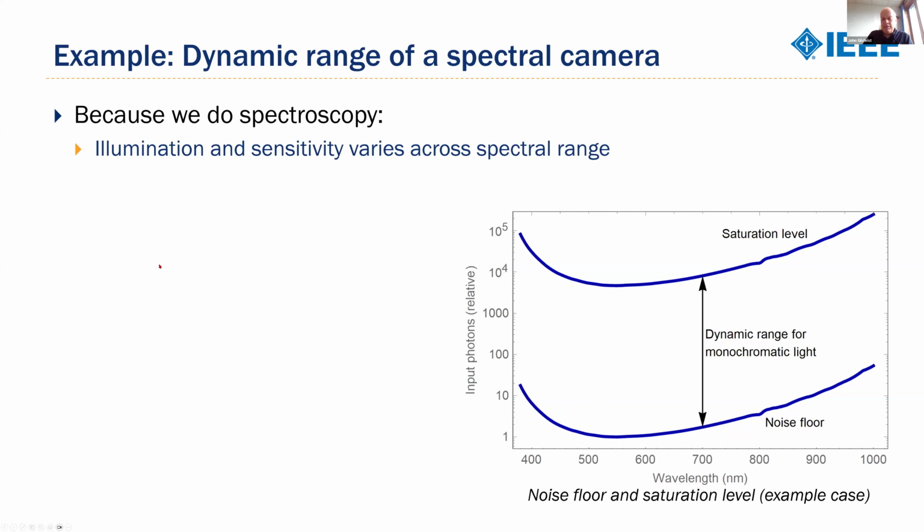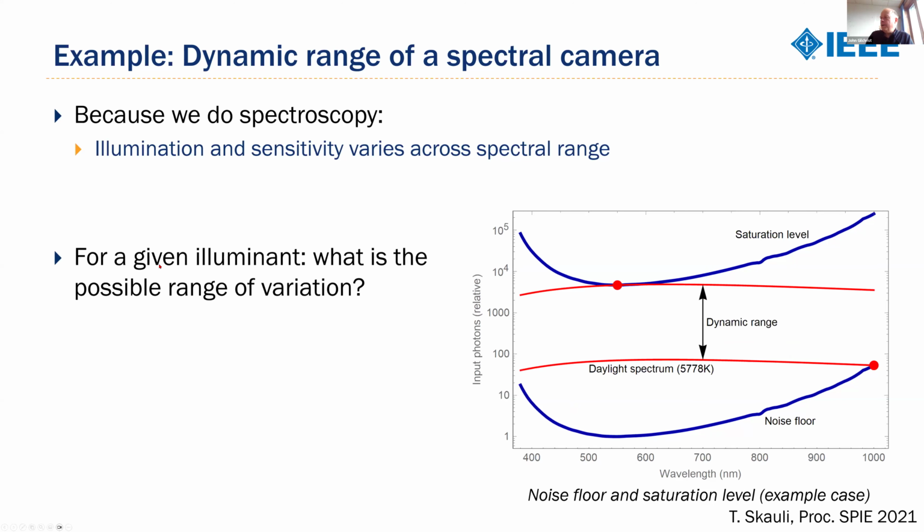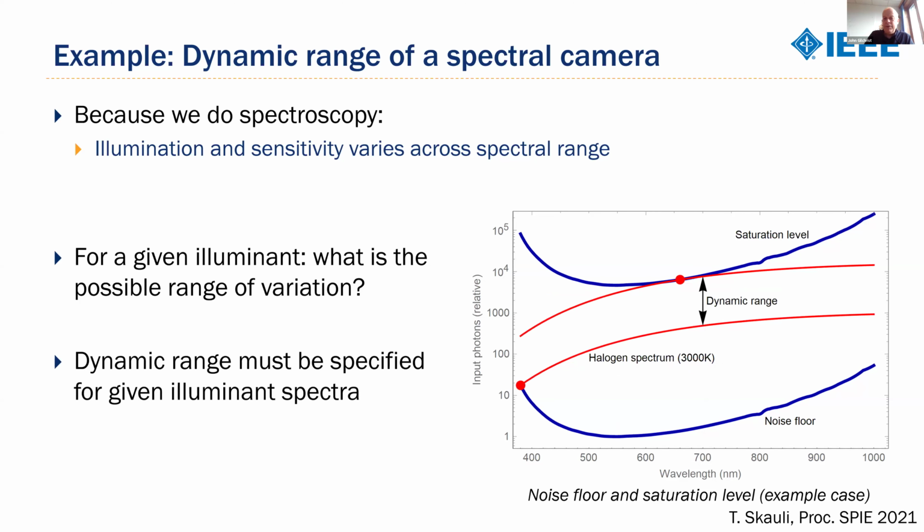But if we're looking at a spectrum of light, such as a daylight spectrum shining on a white or gray object, then as you vary the light level, you will scale this spectrum up or down, and you may hit saturation in one band when you scale it up, and you may hit the noise floor in another band when you scale it down. So the accessible dynamic range is less than that of a single pixel. And if you change the light level, it may be different. So the standard requires a specification of dynamic range together with a corresponding illuminance spectrum.